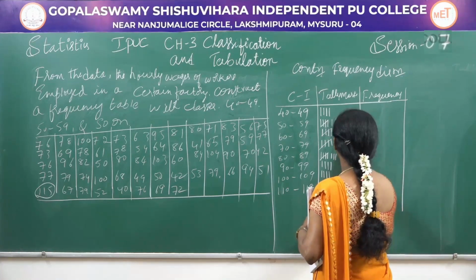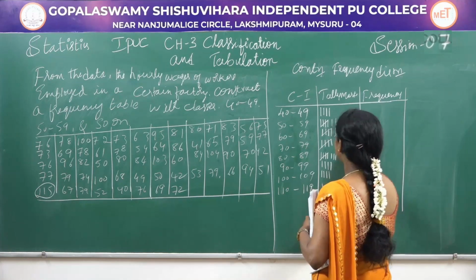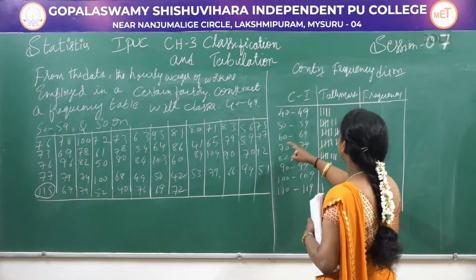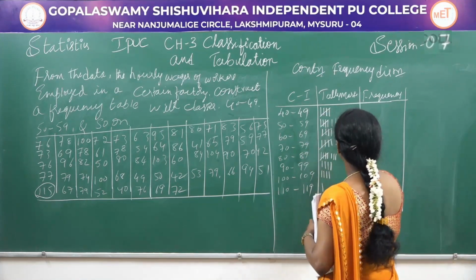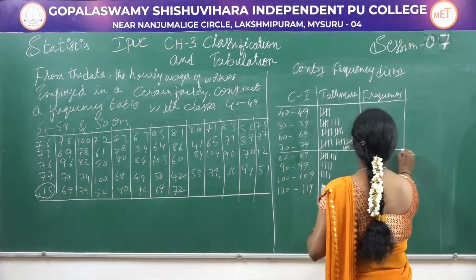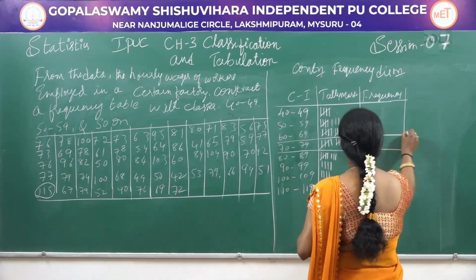For this I will put the tally mark here, 75, 77, 42, last one is 51. So this is this one, so don't get confused.